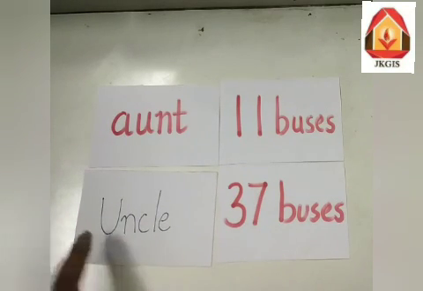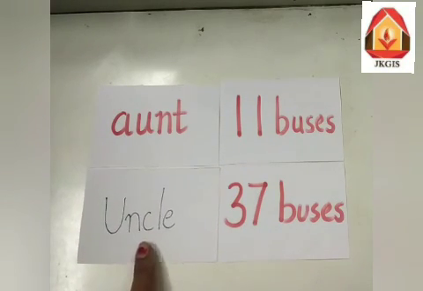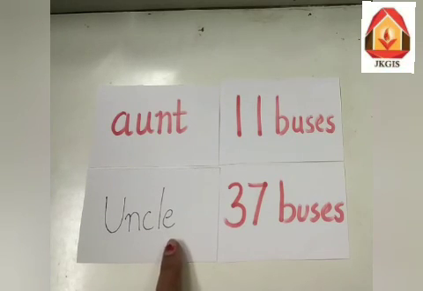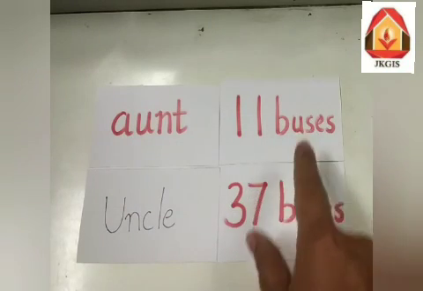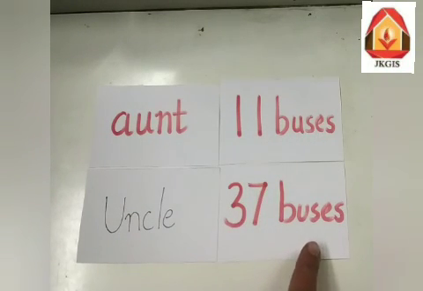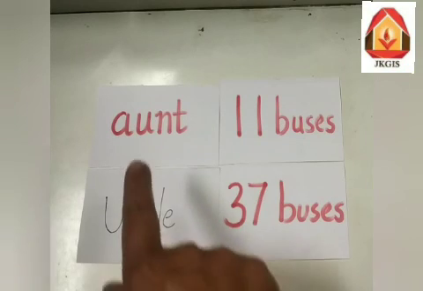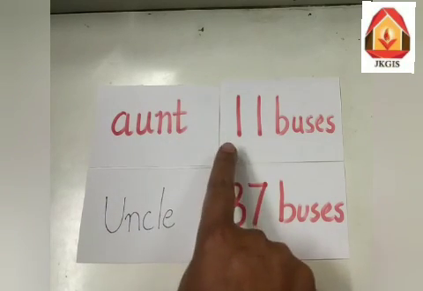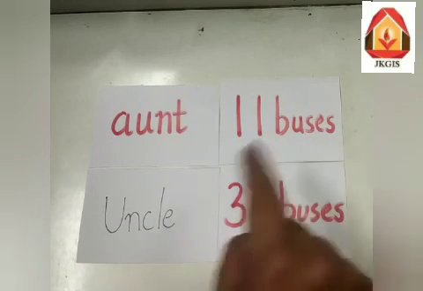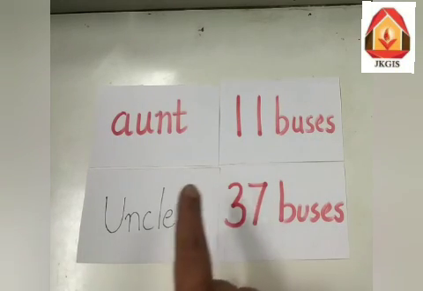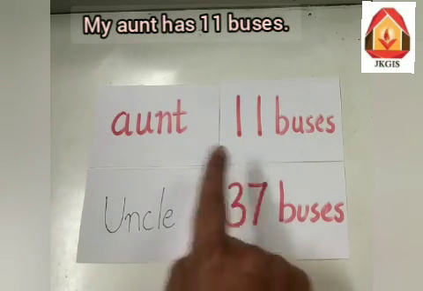Uncle is a masculine gender. Now we have some numbers and vehicles, and we will frame sentences like: my aunt has 11 buses. So here we have framed one sentence.